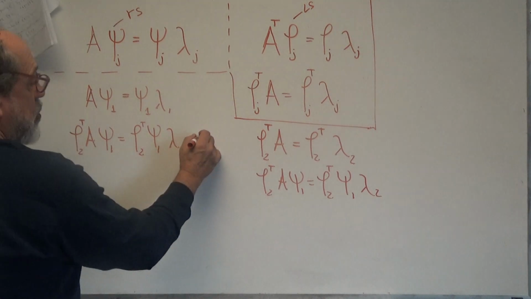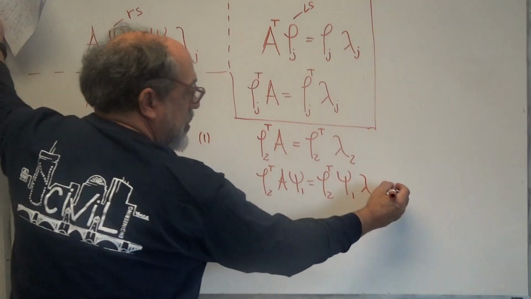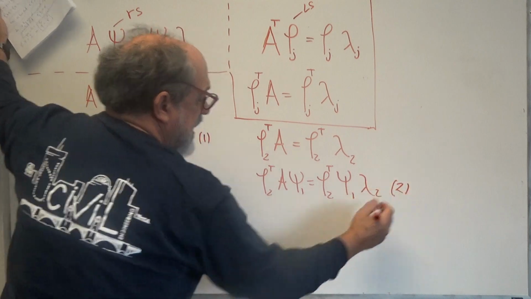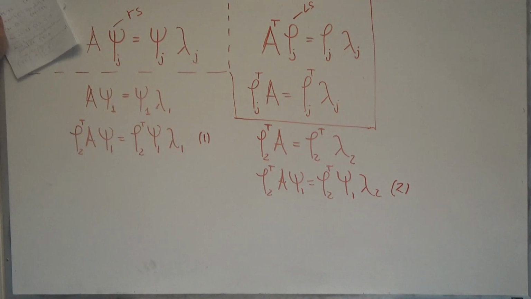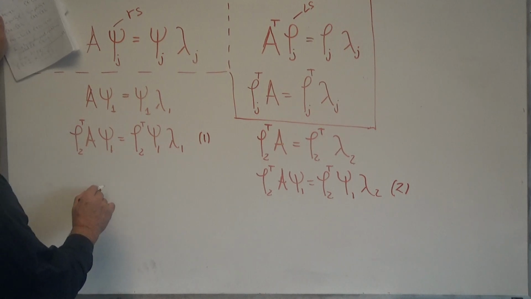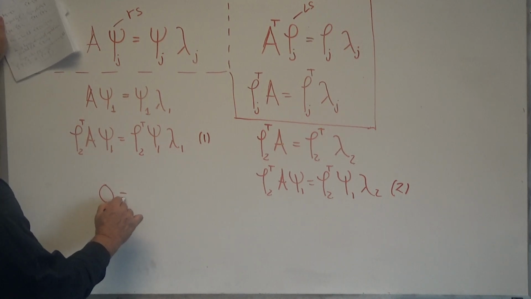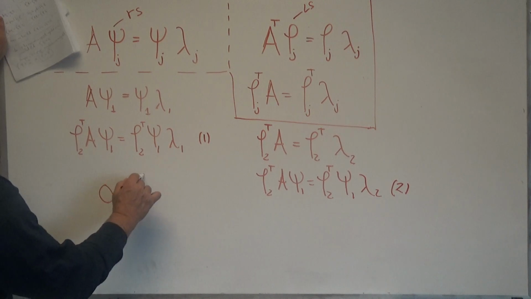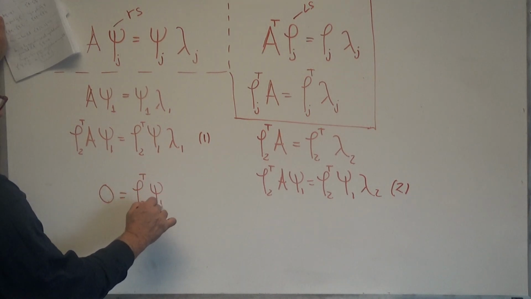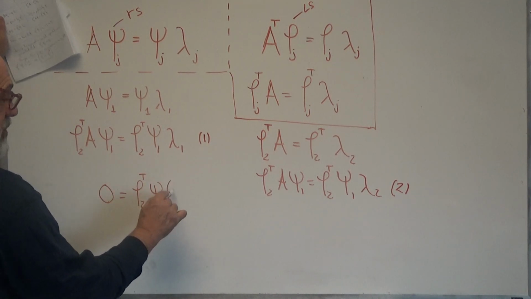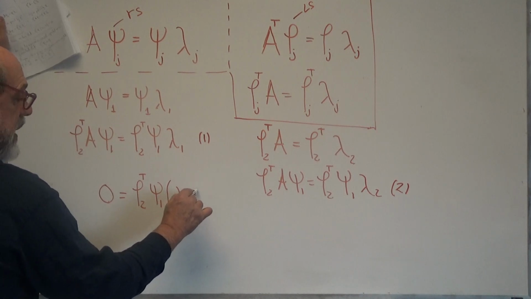Now, if we call this equation 1 and this equation 2, you can see that equation 1 and equation 2 have exactly the same left side. Therefore, subtracting equation 2 from equation 1, we conclude that 0 is equal to phi2 transposed phi1, C2 transpose phi1 times lambda 2 minus lambda 1.